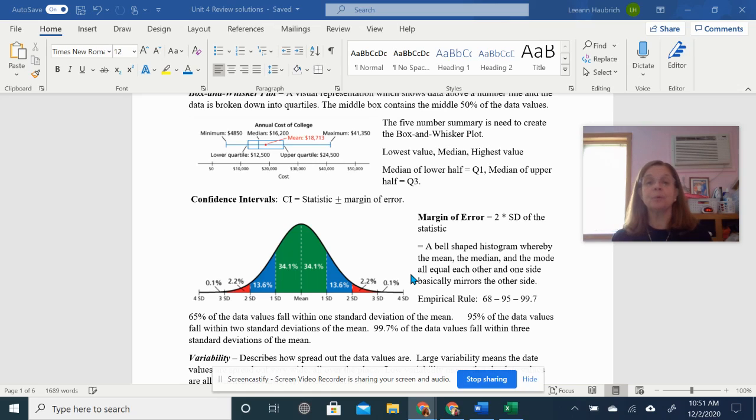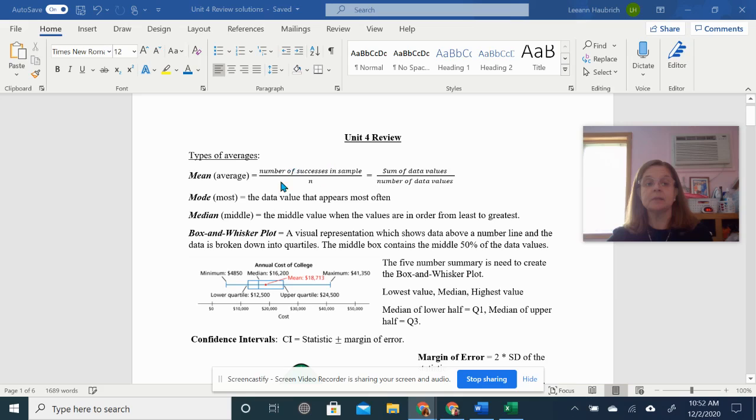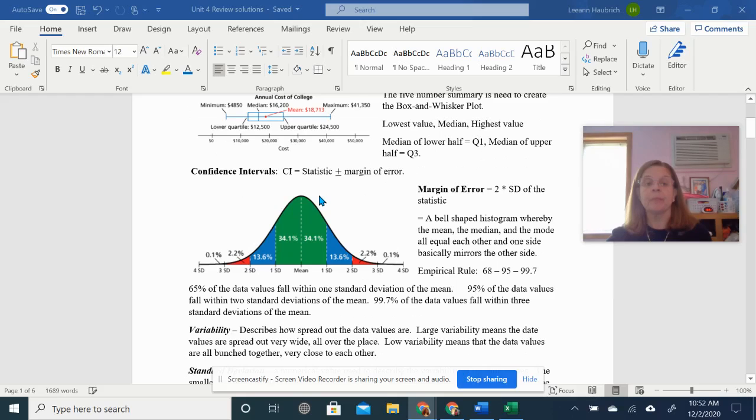When you plot all the points in a histogram, if it's a normal distribution or a near normal distribution, it will have a nice bell shape. For the confidence interval, if you know what your statistic is, one way to get your statistic is the number of successes over the total number.